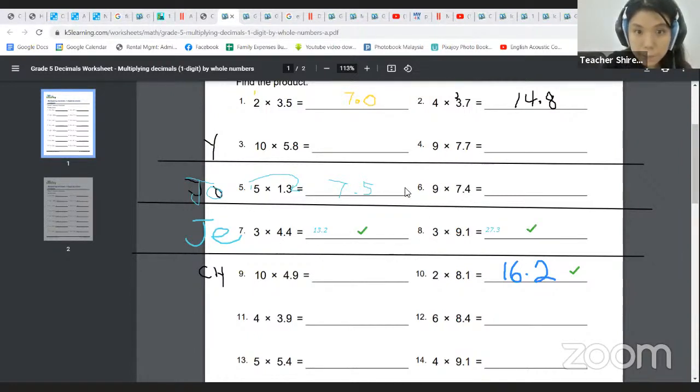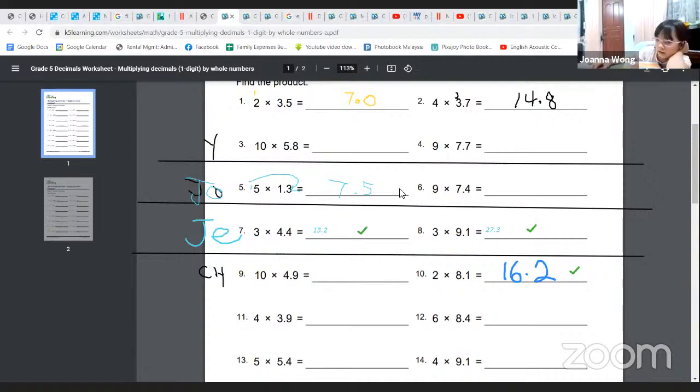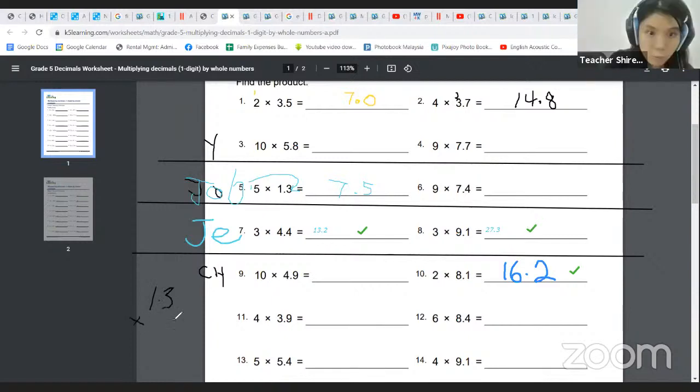Charlie's number 9. Okay, Joanna, 1.3 times 5.